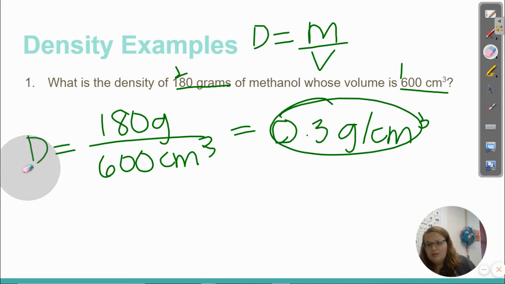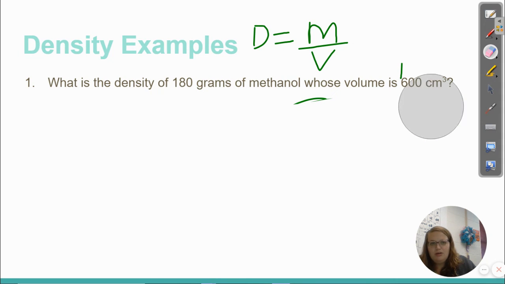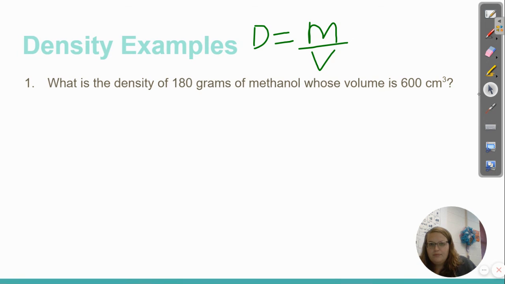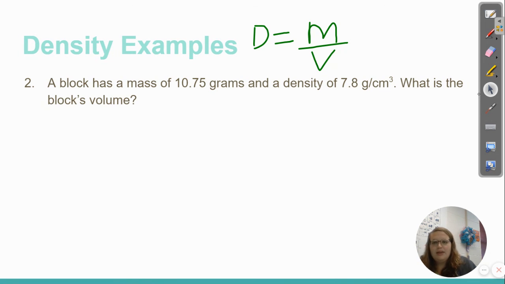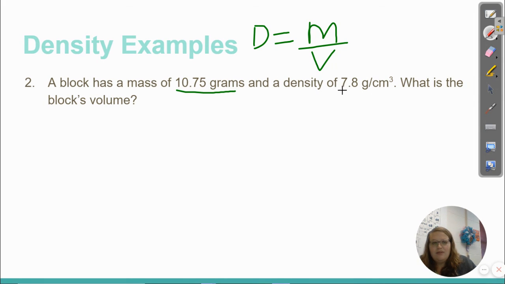All right, so let's do our next problem. It says a block has a mass of 10.75 grams and a density of 7.8 grams per cubic centimeter. What's the block's volume? So one really cool thing about density is they have what they call a density triangle.